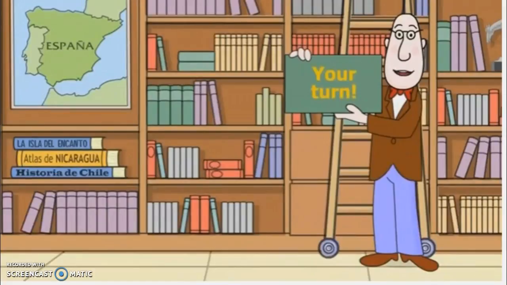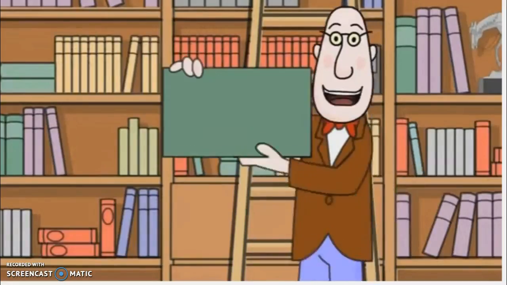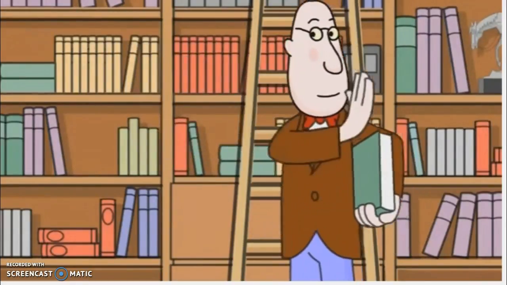Now, how about giving this activity a try? Muy bien! Let's move on. Demonstrative pronouns are the same as the demonstrative adjectives, but traditionally they have an accent on the stressed vowel. Psst!